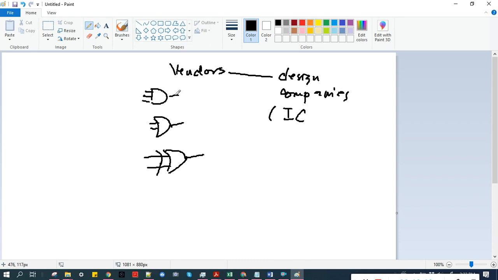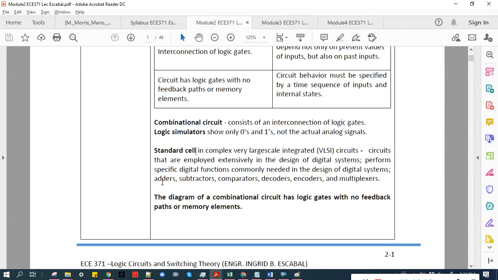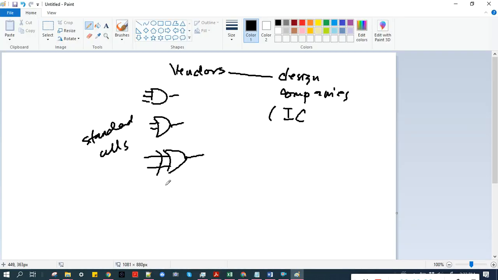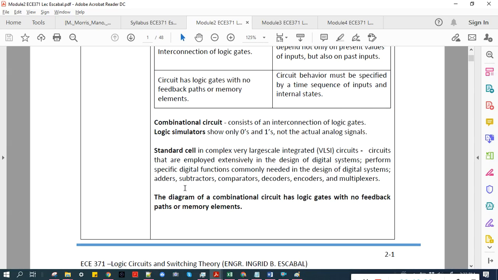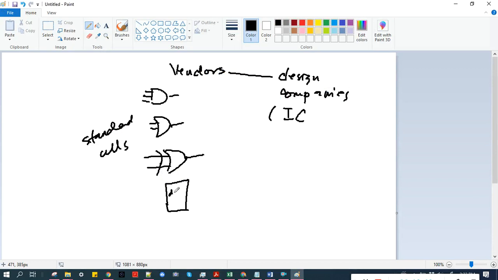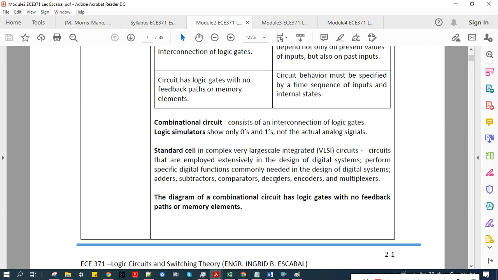They sell their standard cell technologies to these design companies. The standard cells have these basic logic gates, and then the additional digital standard cells like adders, subtractors, decoders.